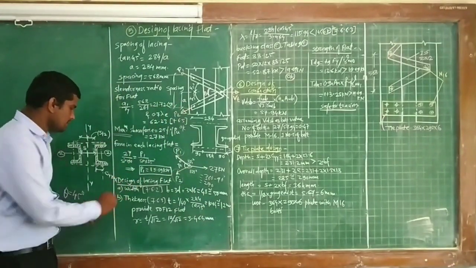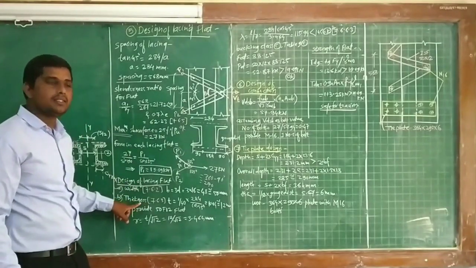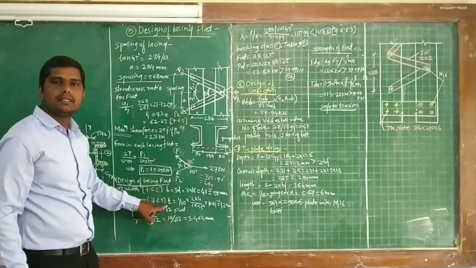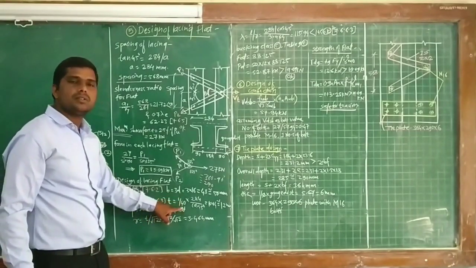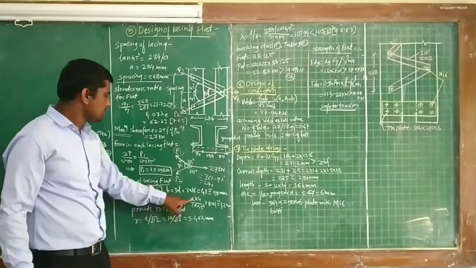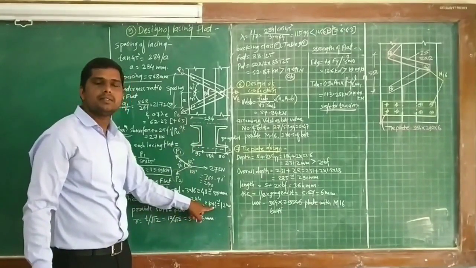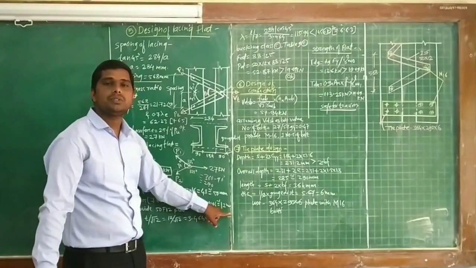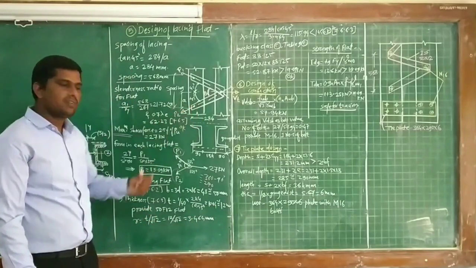The next criterion is to find out the thickness of this lacing flat according to clause number 7.6.3 of IS 800:2007. So t is equal to 1 divided by 40 times 284 divided by cos 45. So the answer is 10.04, so nearly equal to 12 mm is the thickness of this lacing flat.